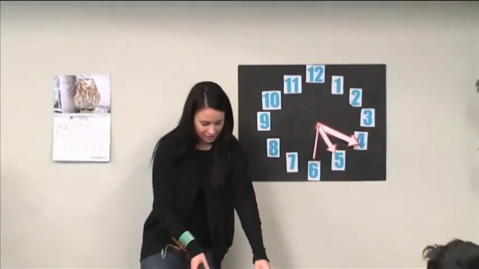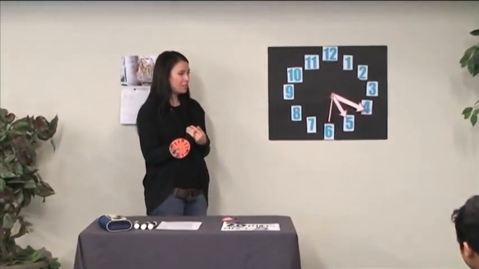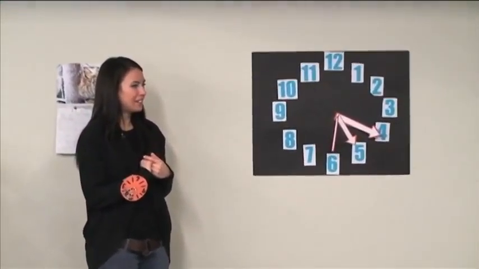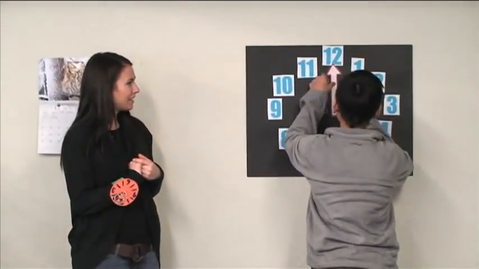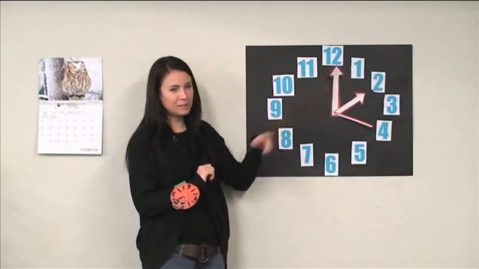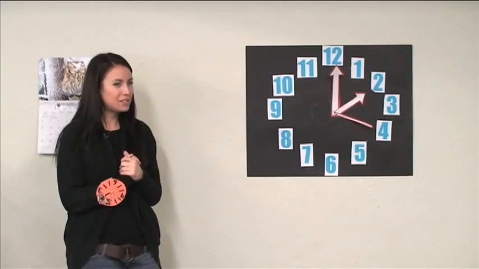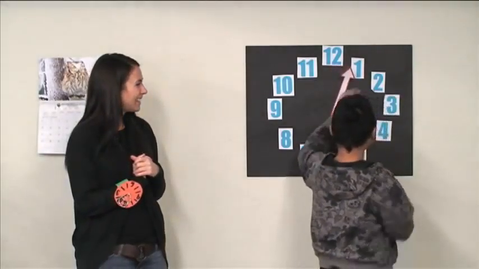Okay. So what if we just tell time the normal way? We say it's 2 o'clock. Pashada, do you think you could just show us 2 o'clock on there? Good job. So the little hand goes in the hour, the big hand goes on the minute. 2, could you show us 3 o'clock? Good job.